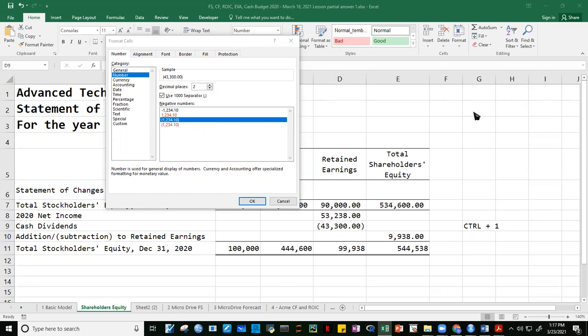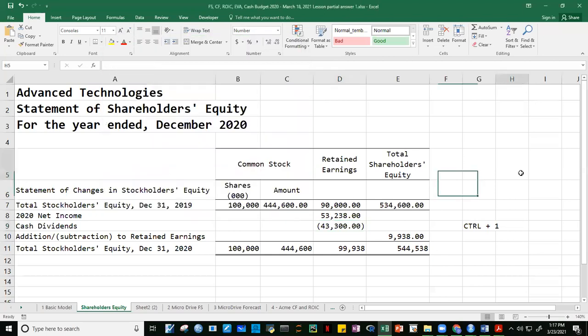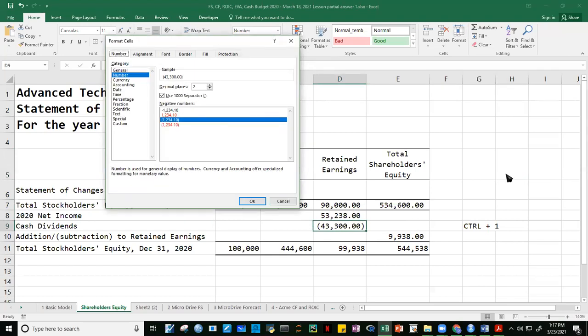Meron parenthesis. Okay. So kung wala dun sa options nyo, guys, okay, sige, gawin natin ha. So, how do you format this? Control 1 ulit. Sa Mac, Command 1 ba? Mac users. Okay, thank you.